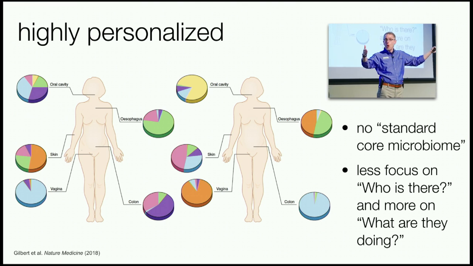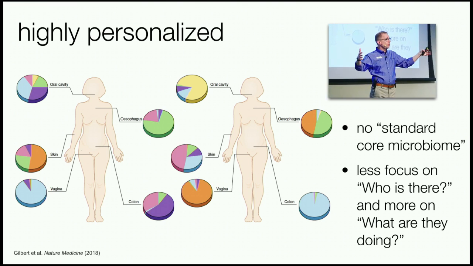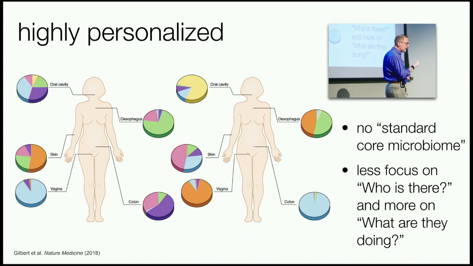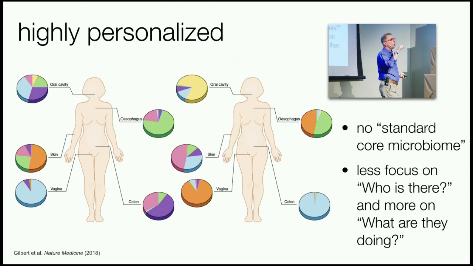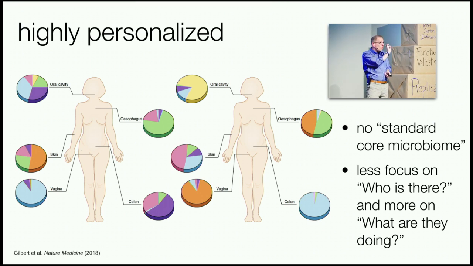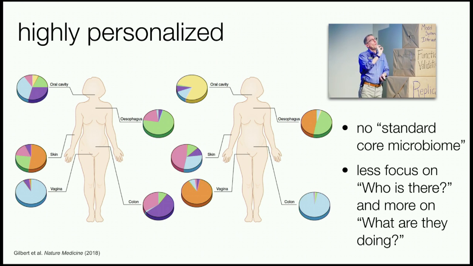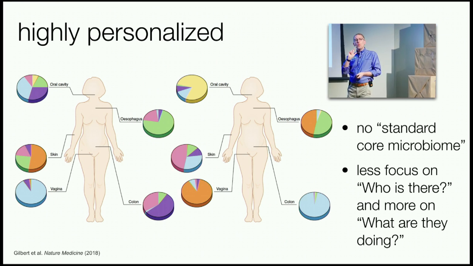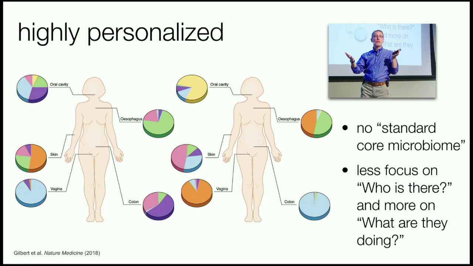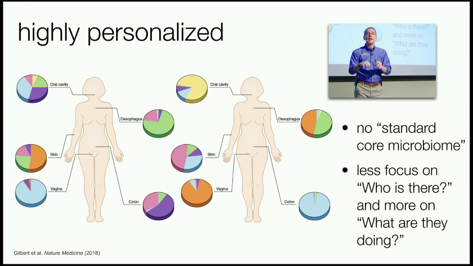There is no one common microbiome, which means we have to start thinking, and I've already alluded to this, instead of who is there, what specific strains of bacteria are living there, we have to think differently in terms of what are they doing? So what's the function that they carry out? Because there might be 100 different strains of bacteria that all are able to do the exact same thing.